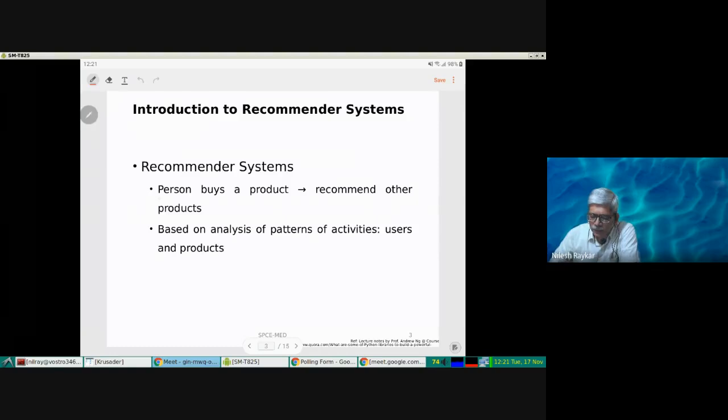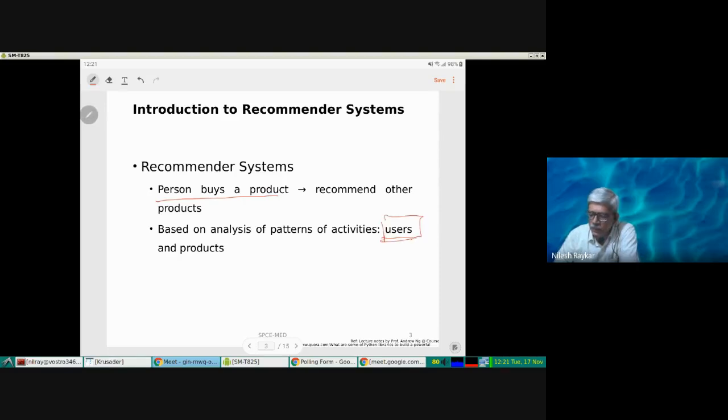So we already know that anybody who buys online, which all of us are doing, we always get recommendations based on our past history or based on what product we are buying. Some related products we get recommended. So this is based on two aspects. One is users.